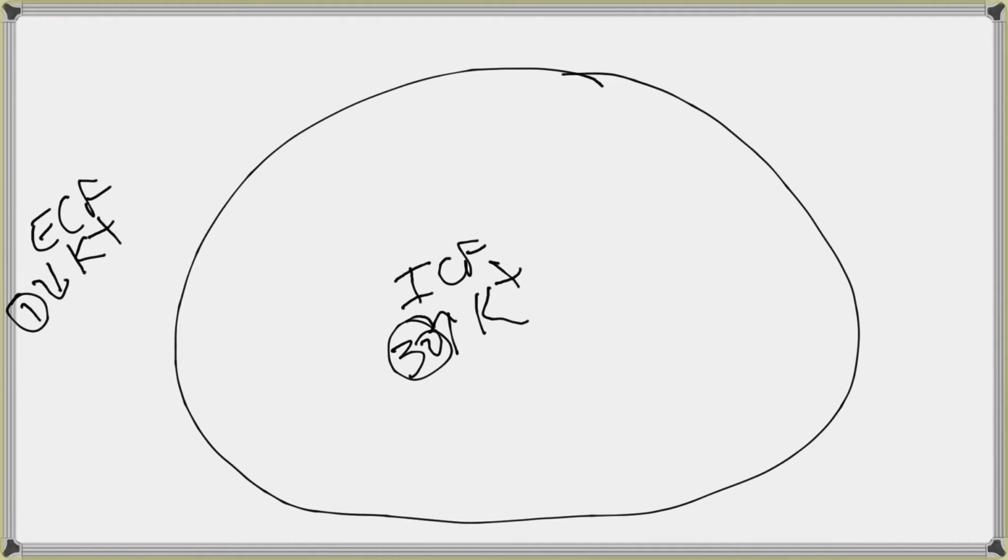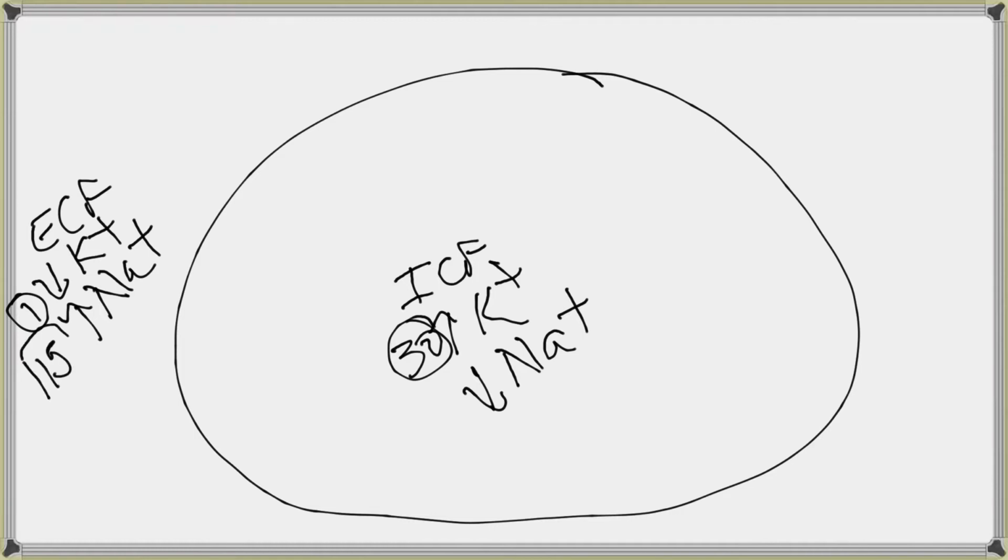And then what else you also know is that the ICF has a relatively low concentration of sodium, and the ECF has a relatively high concentration of sodium. And what we learned before was these ratios: it's about 15 outside to every 1 inside for sodium.